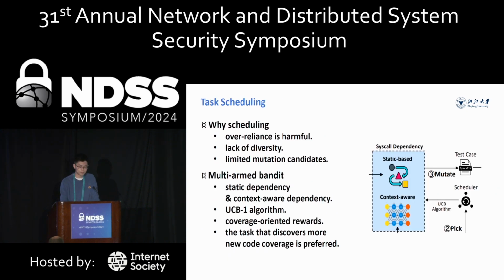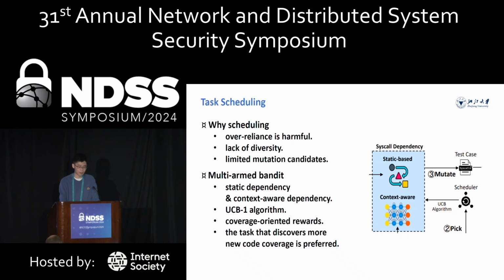In the end, striking a balance between exploration and exploitation is crucial for ensuring efficient kernel fuzzing. Excessive pursuit of exploitation may lead to falling into local optima, limiting the diversity of corpus and mutations, and consequently impacting the overall testing performance.